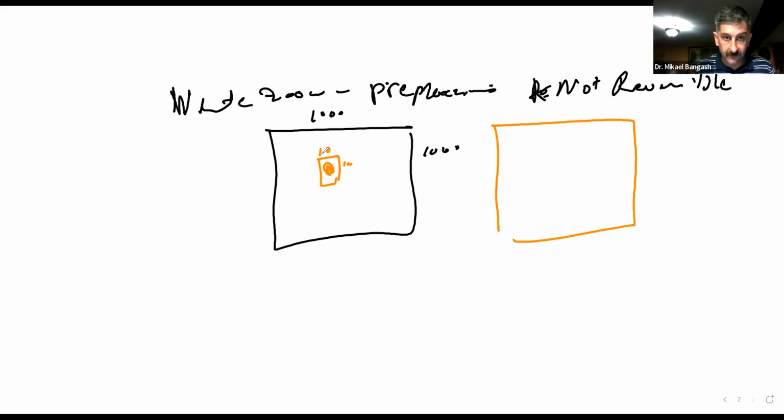The region of interest was 10 by 10 pixels, for instance. Here it becomes just 1,000 by 1,000. So comparing this pixel density to this, they are not the same. The pixel density of the whole image to the whole image is the same.